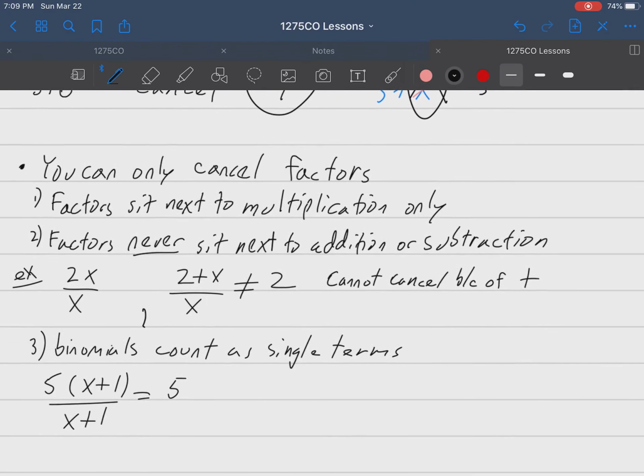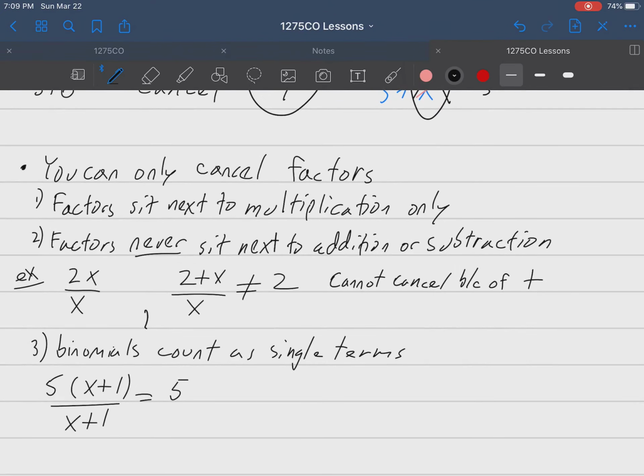All right, so a main rule of thumb is you can only cancel out factors. And remember, factoring is writing out the same expression as the product of two different expressions, or the product of two different numbers. And the key word is product. Factors are separated by multiplication.